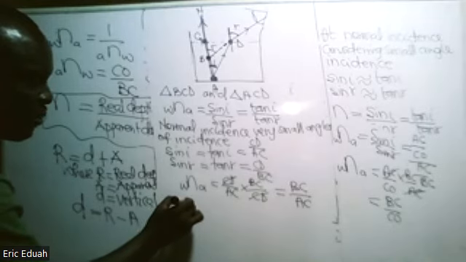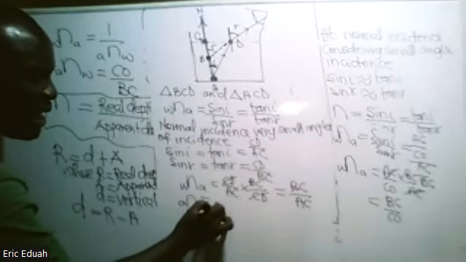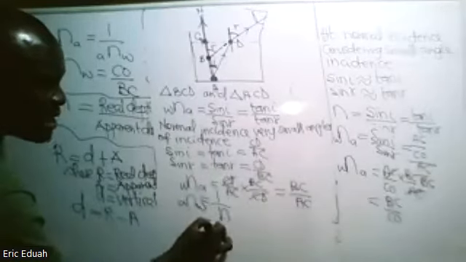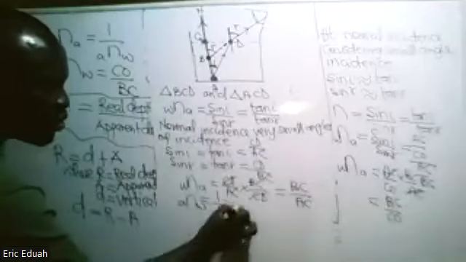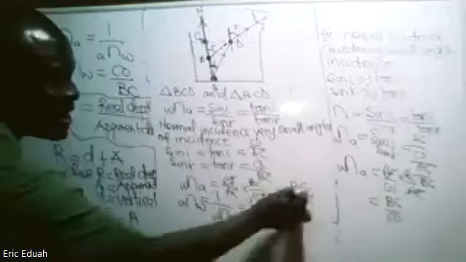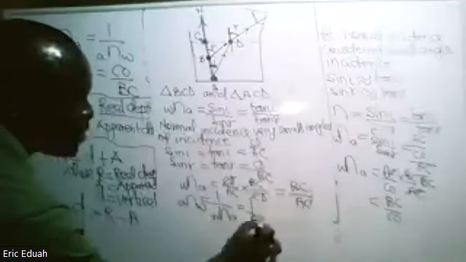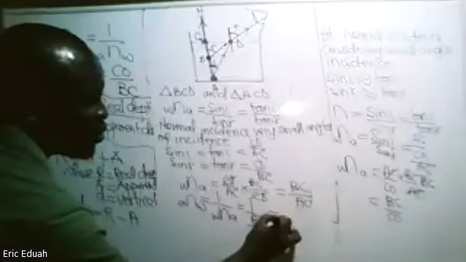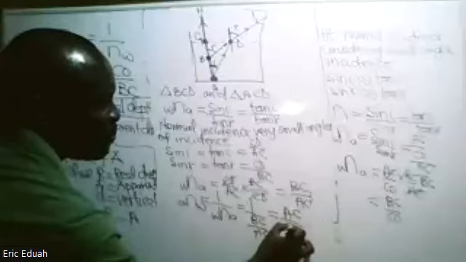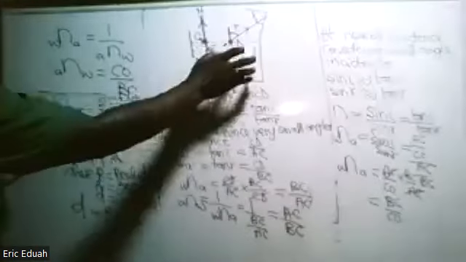And since we know that the absolute refractive index from air to water is equal to 1 over the refractive index from water to air, this would certainly be 1 over BC over AC, which will be equal to AC over BC. Then when we do this, it means we have expressed the refractive index in absolute terms.